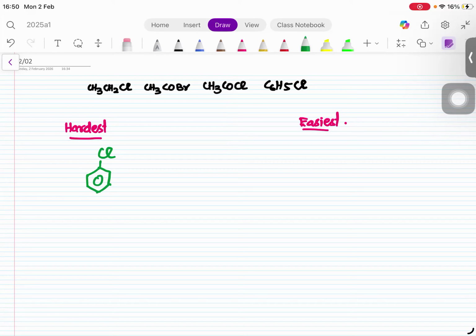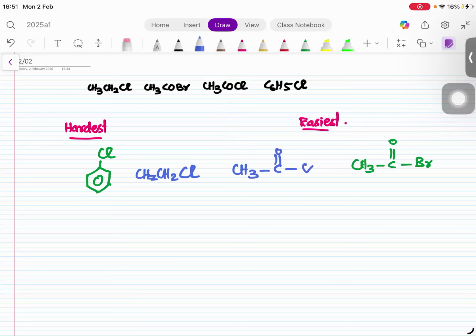Anyone else? The easiest, in my opinion, is CH3COBr, acyl bromide. And where is the acyl chloride then? And where is the haloalkane? Chlorobenzene के बाद CH3CH2Cl. And then what about the next CH3COCl?